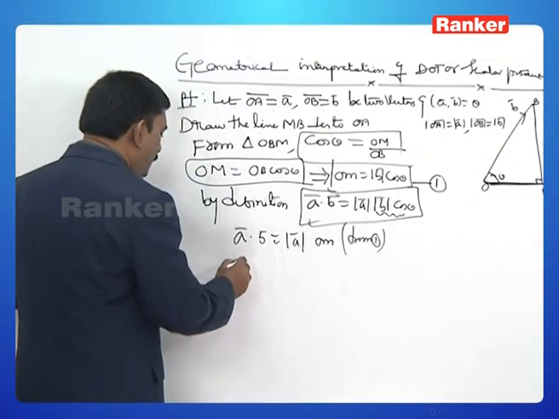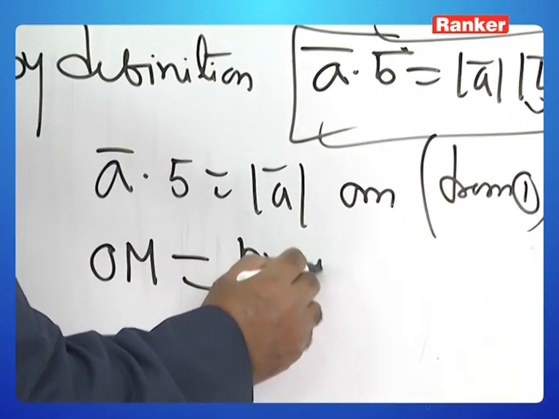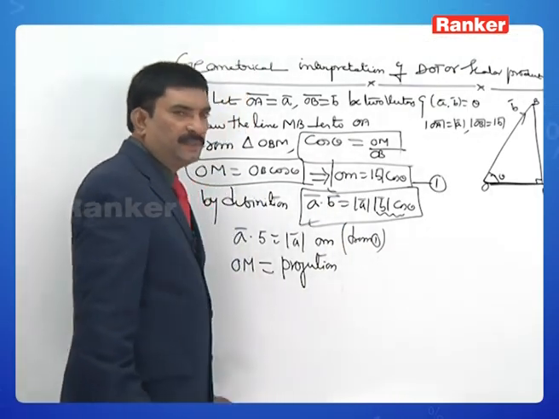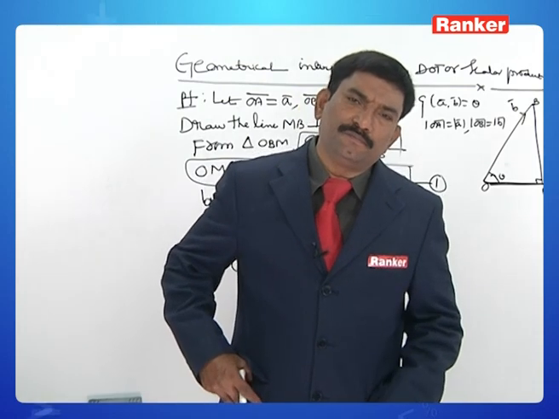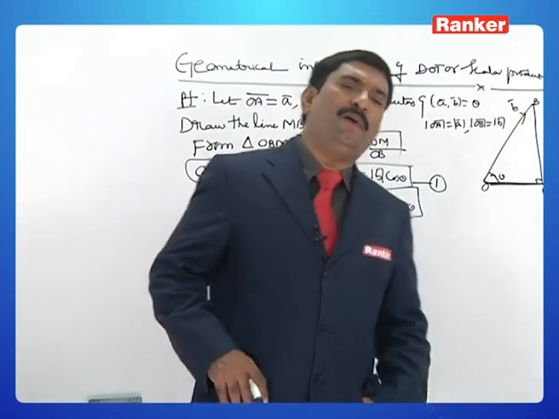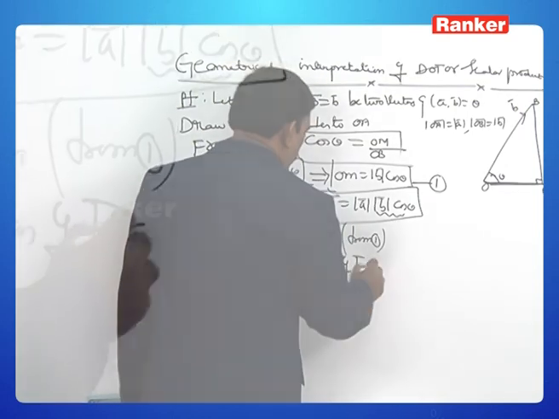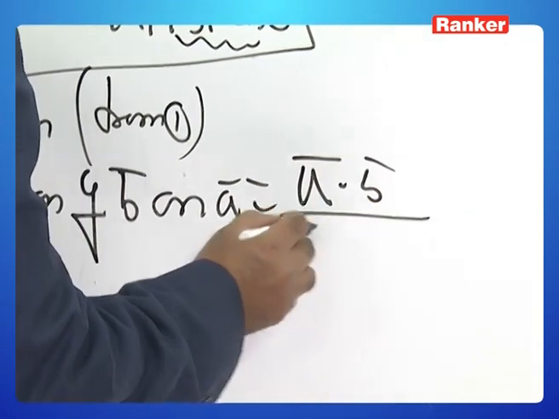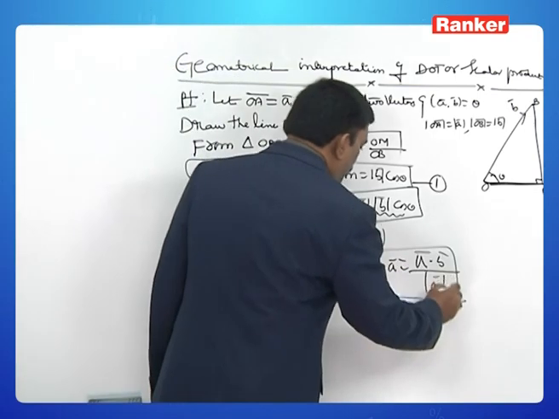This OM is nothing but the projection, or scalar projection, of B bar on A bar. Projection of B bar on A bar is equal to A dot B by modulus of A.